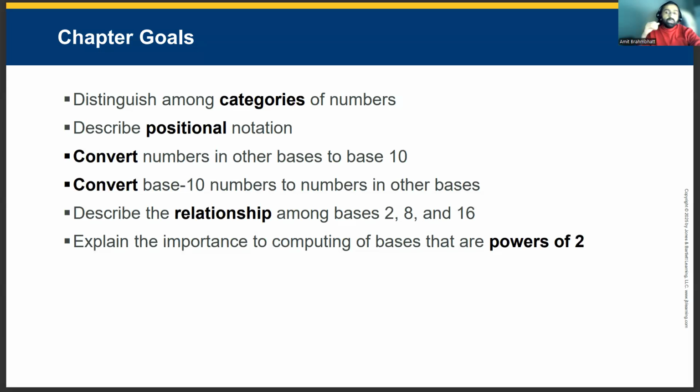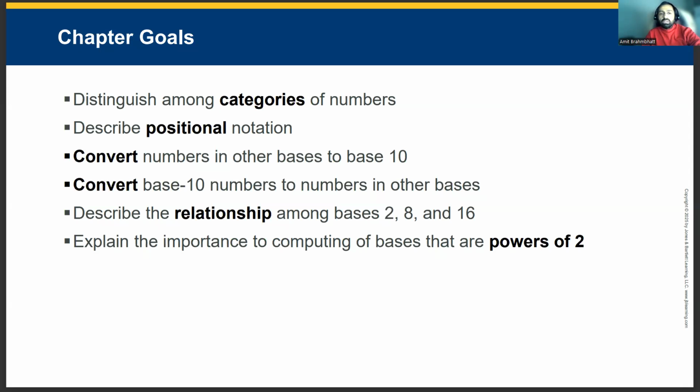We begin by distinguishing among different categories of numbers, helping us understand how values are classified in mathematics and computing. Next, we examine positional notation, which explains why the position of a digit determines its value. You will learn how to convert numbers from bases other than 10 into base 10, which is essential for interpretation and verification.